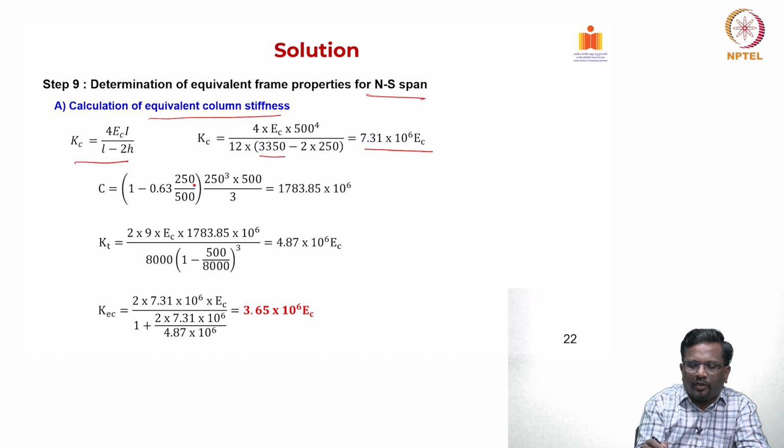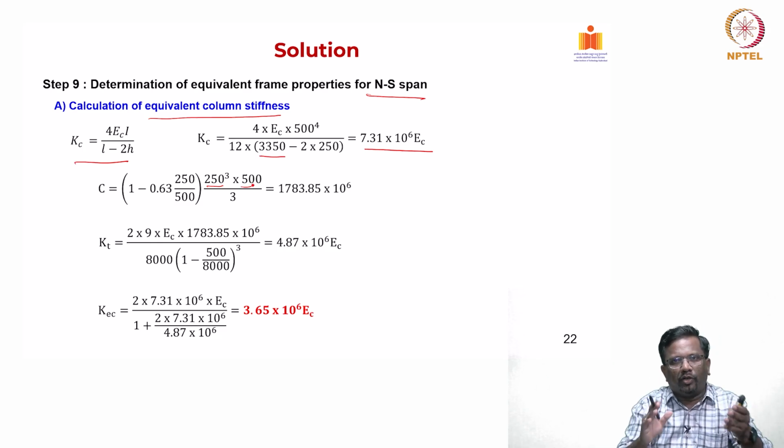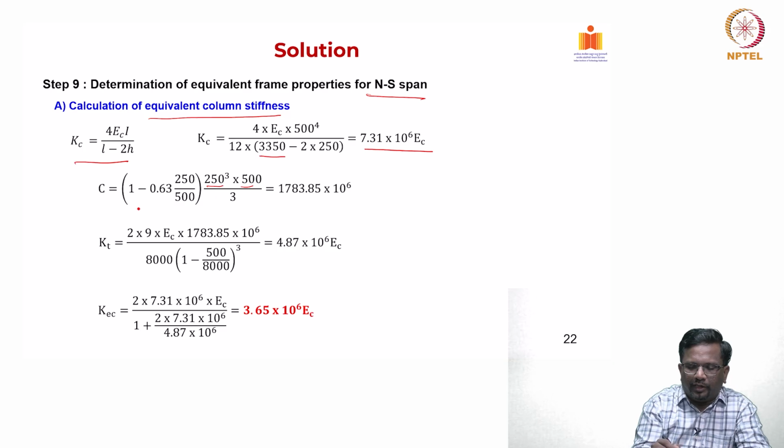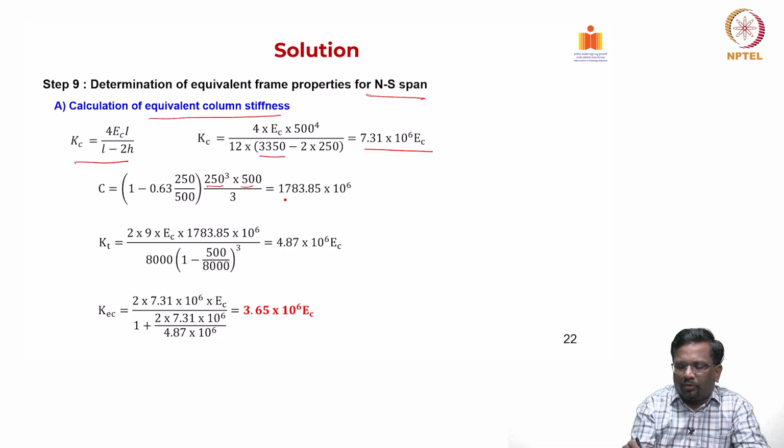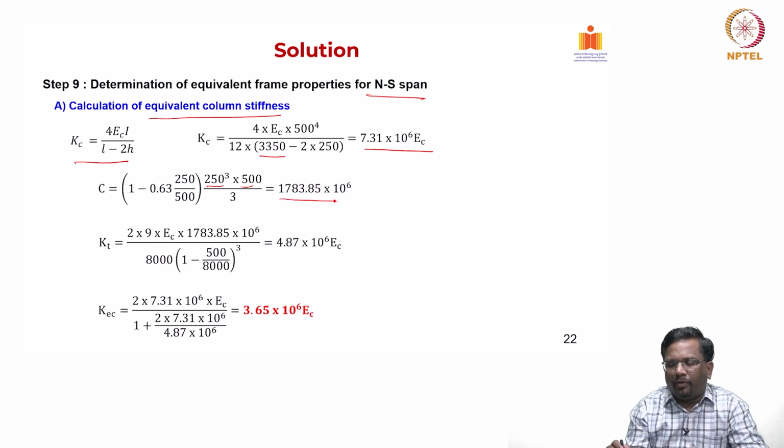So, I take thickness as 250 cubed and the width of that beam as 500, and this is the equation that we have shown you. What is the C equation? The torsional property of the section works out to be 1783.85 into 10 to the power of 6.